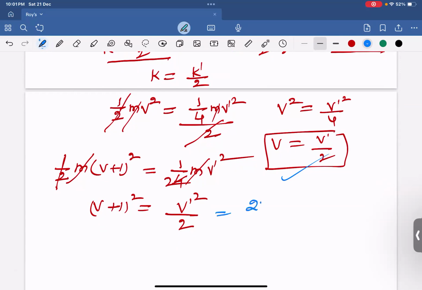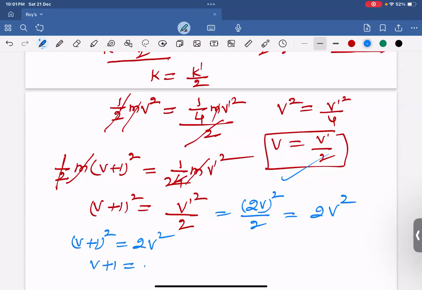So that is 2v square by 2. That is 4 divided by 2, which is 2 times v, 2v square. So I have the equation now, v plus 1 square is equal to 2v square. If you square root both sides, then v plus 1 is equal to root 2 v.